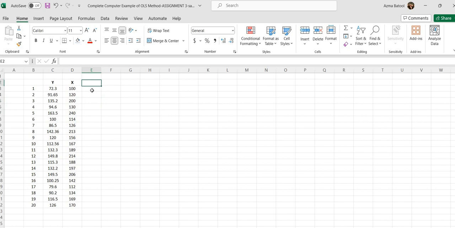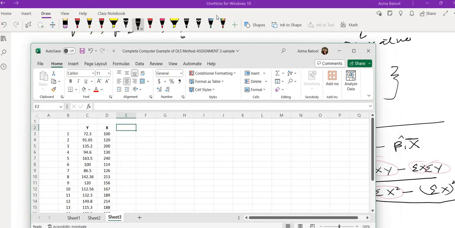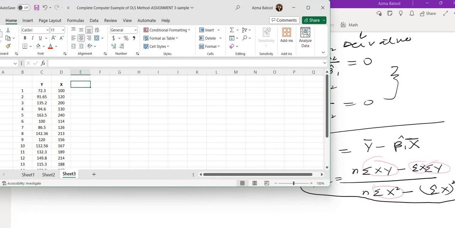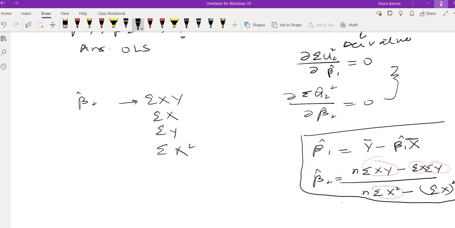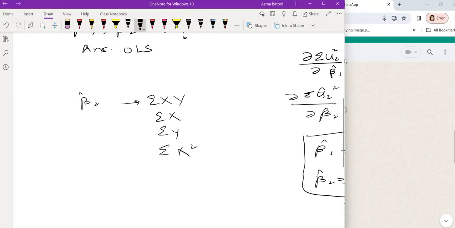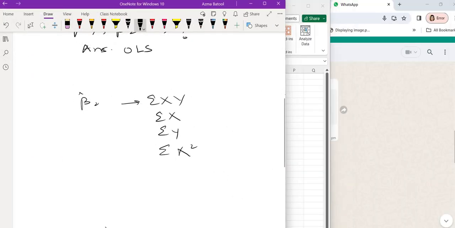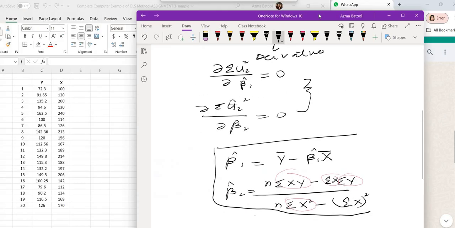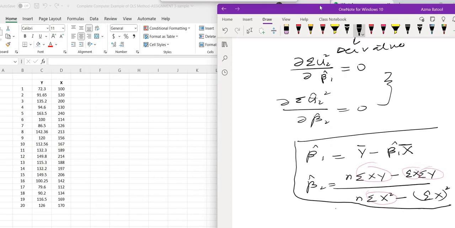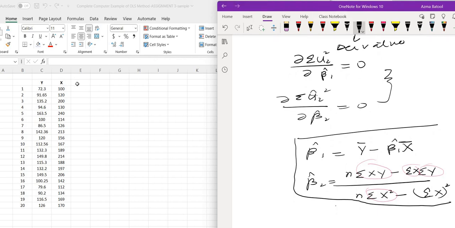Now it's better. Let's minimize it and see how we can arrange. Look at this formula. Let's go to formulas, drag it there, and here we go.